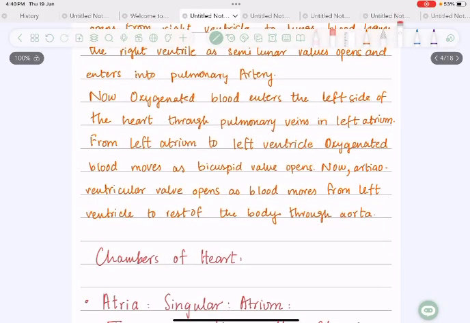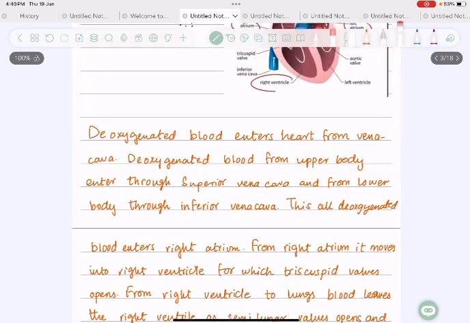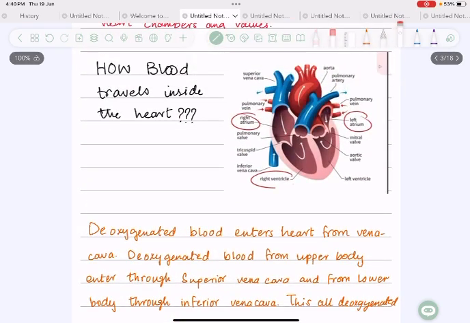Now, the oxygenated blood, after being oxygenated by the lungs, enters the left side of the heart through the pulmonary vein. A vein brings the blood back into the heart, into the left atrium. From the left atrium to the left ventricle, oxygenated blood moves through the bicuspid valve. These bicuspid valves open, so the blood moves inside the left ventricle.